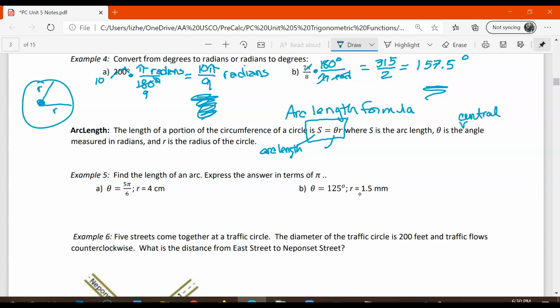This angle right here was called the central angle. But remember, the central angle is also the measure of this arc. It's not the length. There's two different ways to measure an arc. One is the curvature, which would be the degree, so the arc measure. The other one is the arc length, which is what we're talking about. Like if I took this curve and I straightened it out, how long is it?